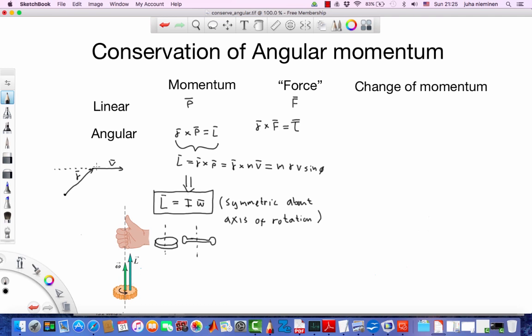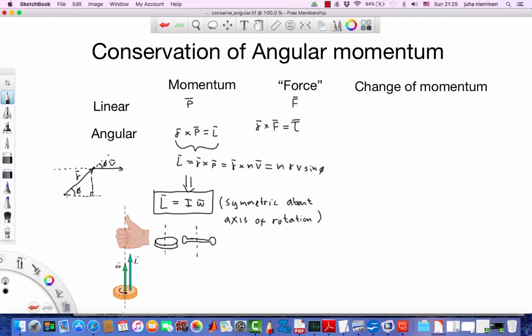If you look at the case of this particle that we had, there we have angle phi, and then we also have the angle phi here. And r times sine phi is then this perpendicular distance.